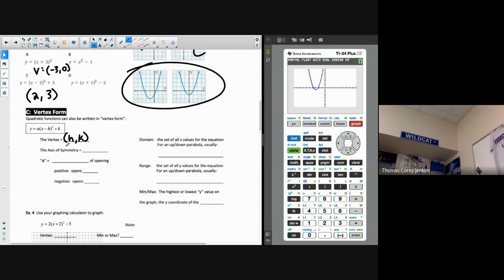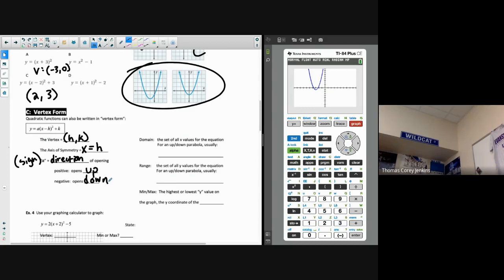Axis of symmetry would be x equals h. We'll get more on that later. And then a determines the direction of the opening, and specifically the sign of a. Positive opens up, negative opens down.